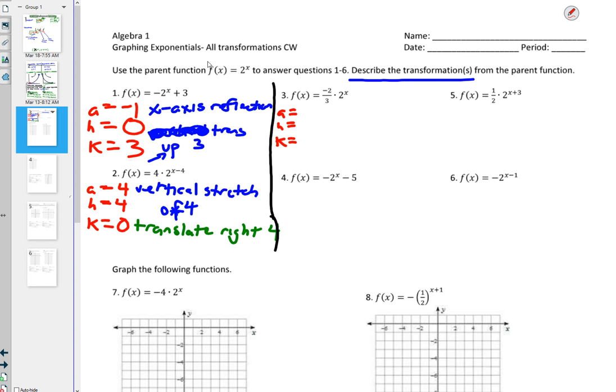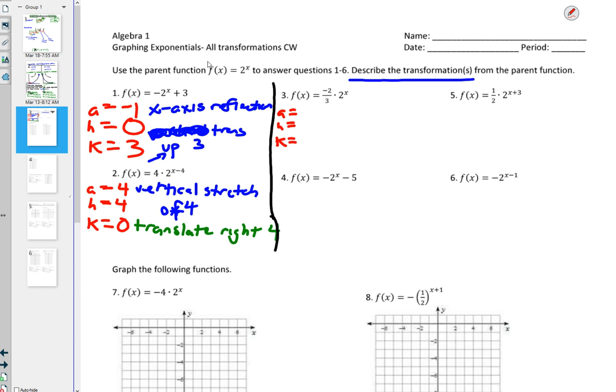Go on, Nakai. Martha, what's A on number 3? You think Shelby knows, don't you? No!